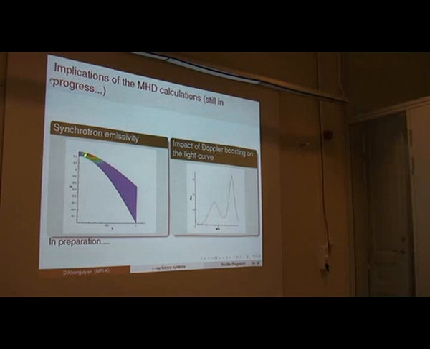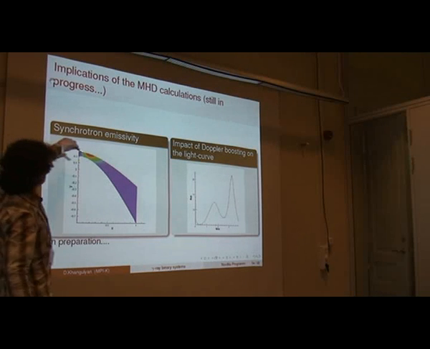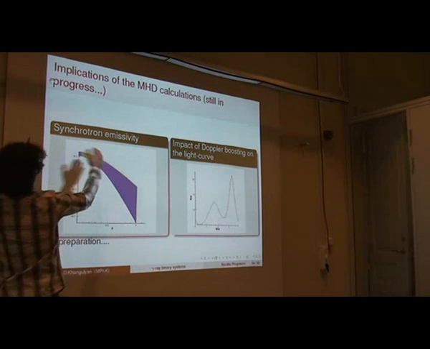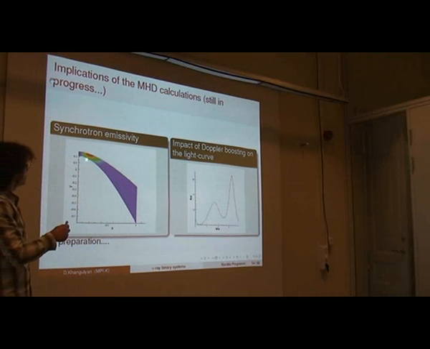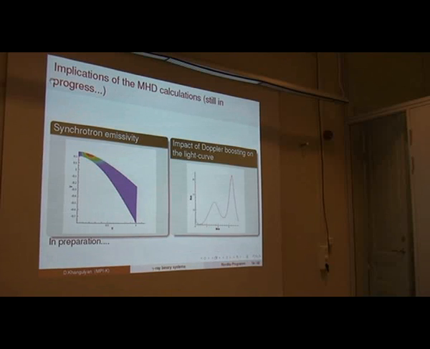Basically the synchrotron emission will be produced from this region. I would remind that this region propagates like this, so we get a cone, with most of the synchrotron emission produced in this narrow region.